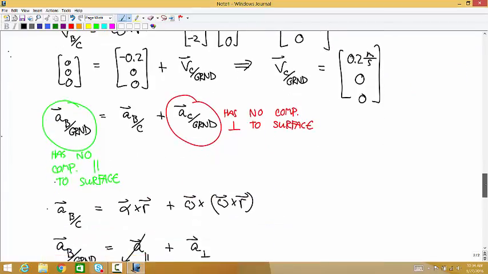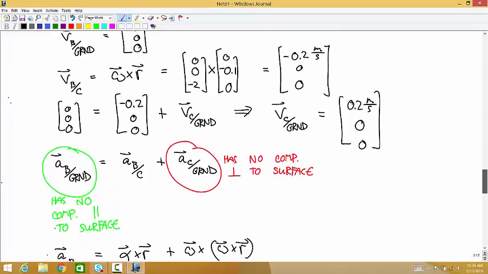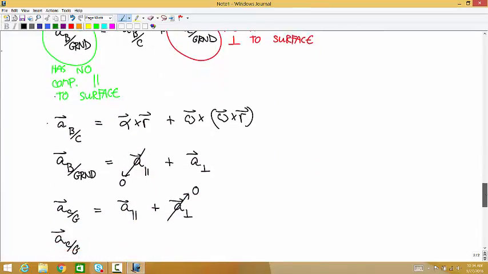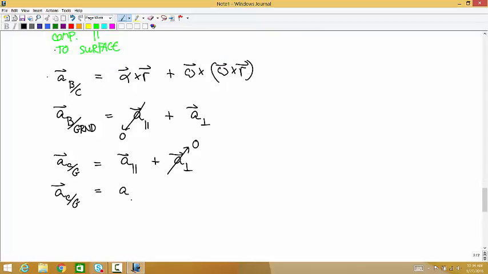Acceleration of C relative to the ground is equal to B relative to the ground minus B relative to C, which is equal to B relative to the ground.